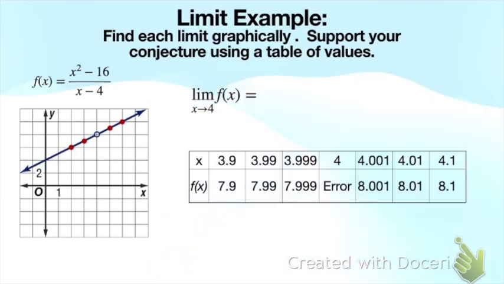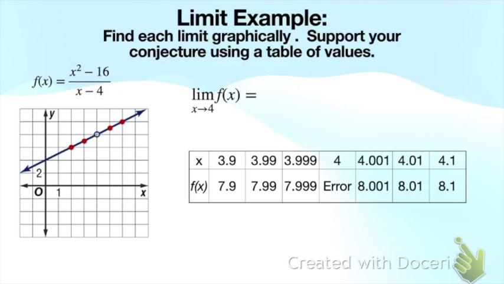First we have our function, f of x equals x squared minus 16 over x minus 4. When you graph it, this is the graph you get. On your graphing calculator, you won't necessarily see that little hole where x equals 4. It's going to look like a solid line. But we can look at what's happening as we approach 4.